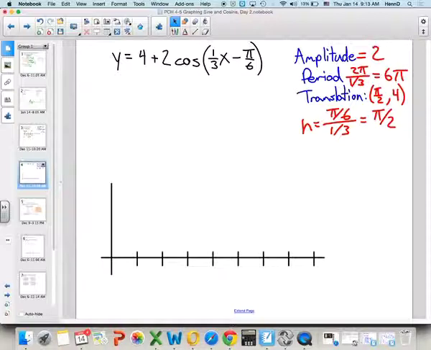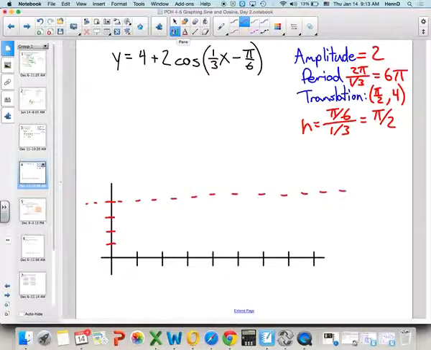Where is the midline going to be in this case? At 4. I would just put in a horizontal line here, because that'll help. And then I'm going to need an amplitude of 2, so this graph is going to go all the way up to 6.